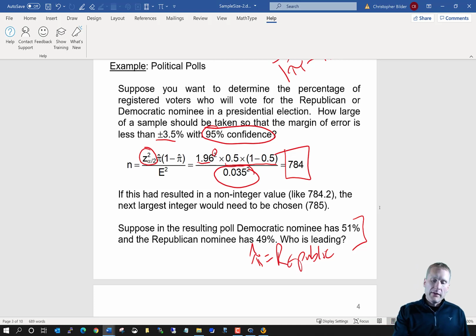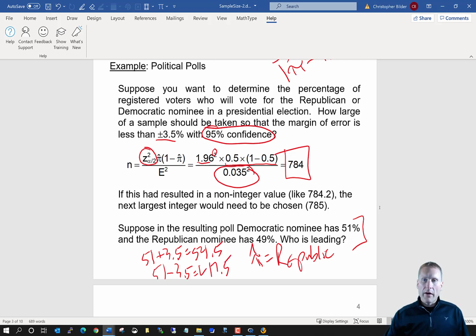So what that means is that I could take that 3.5% and add it to the Democratic value, or I could do it for the Republican, it doesn't matter, and get 54.5. So the Democrat could actually be up to 54.5, or I could subtract it, because remember it's plus or minus, and in that case I would get 47.5. So the Democrat's somewhere between there.